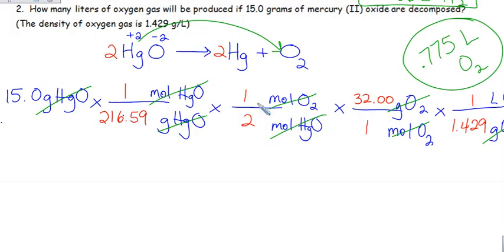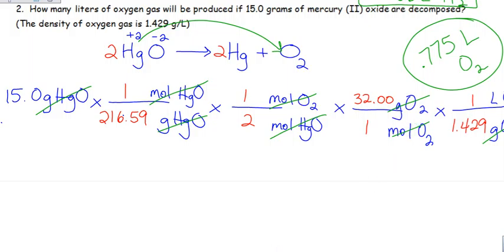If they asked me for moles, I would be done. If they asked for grams of oxygen, I could cancel moles and switch it to grams. This 32 is the mass of O2, diatomic oxygen, off my periodic table.